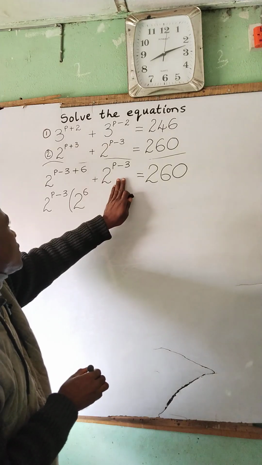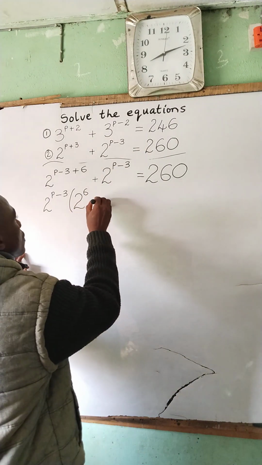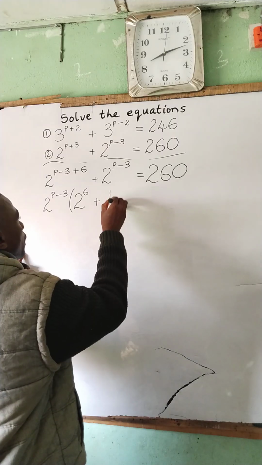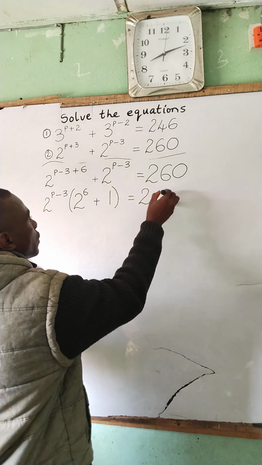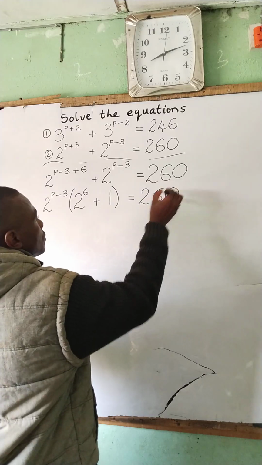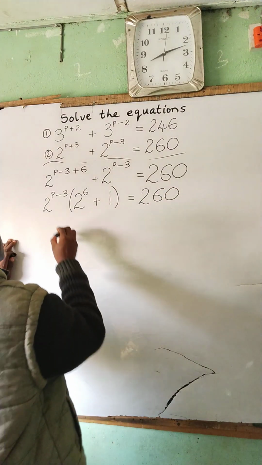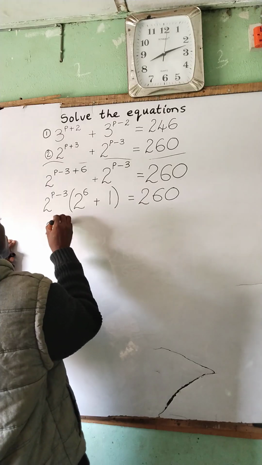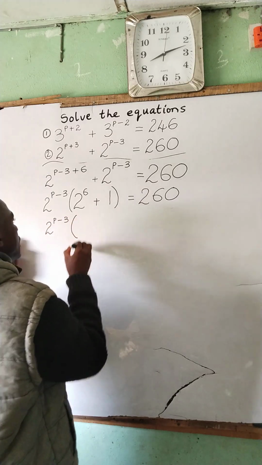If I factor that same 2 to power p minus 3 out, what will be left here is 1, which is equal to 260.